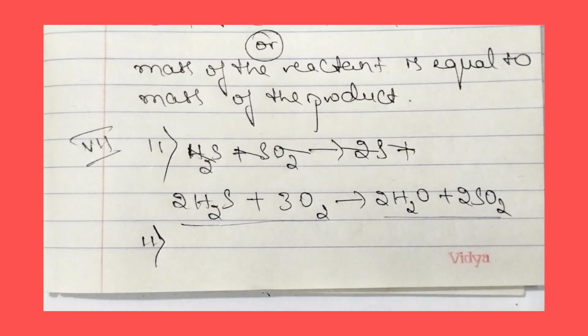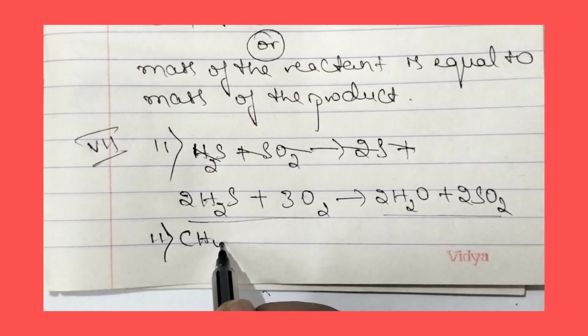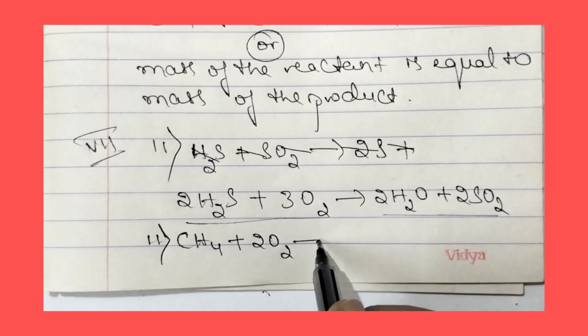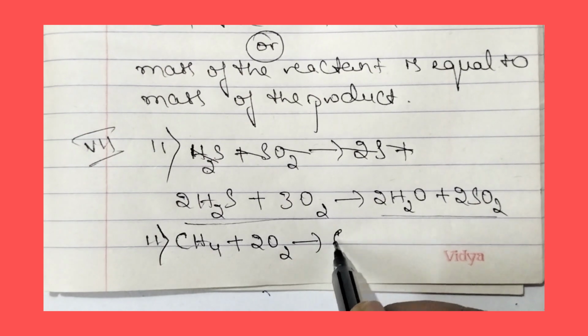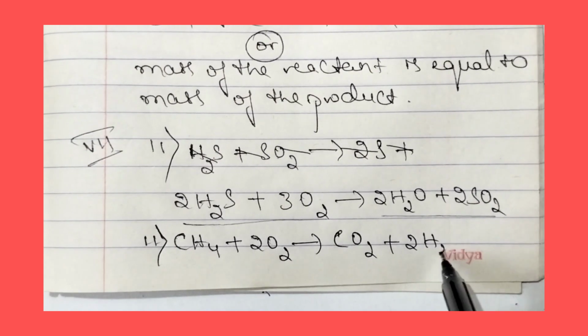When we burn methane, it gives carbon dioxide along with water. So let us write the balanced equation for that. Methane is CH4, when it burns with 2O2 it gives carbon dioxide CO2 plus 2H2O.